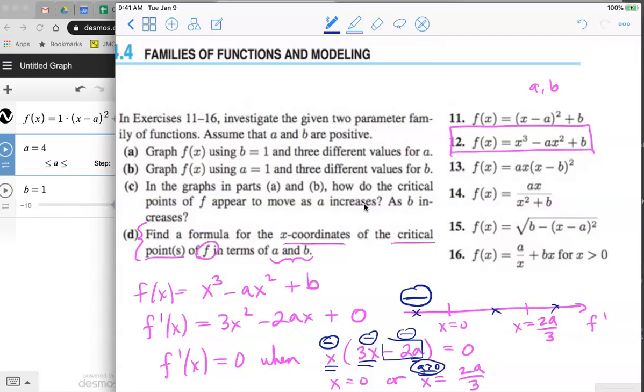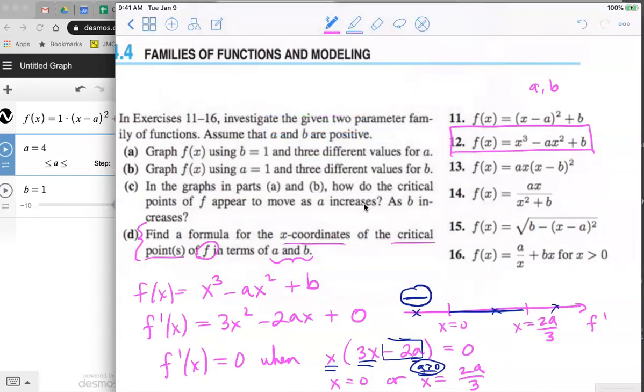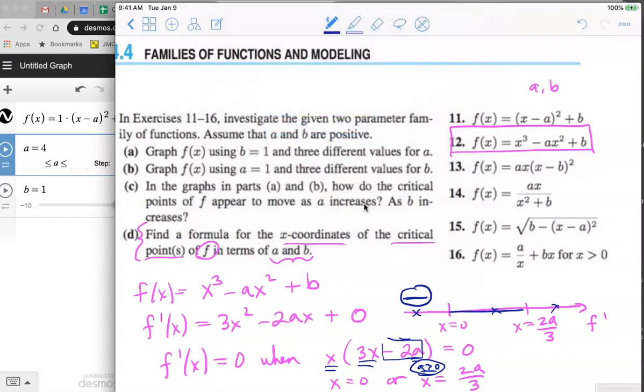Okay, so if x is between 0 and 2a over 3, we need to reevaluate, whoops, sorry, that eraser is too big. We need to evaluate our pluses and minus signs. When x is between 0 and 2a over 3, that means x is going to be a positive number so long as a is positive. So x will be positive.